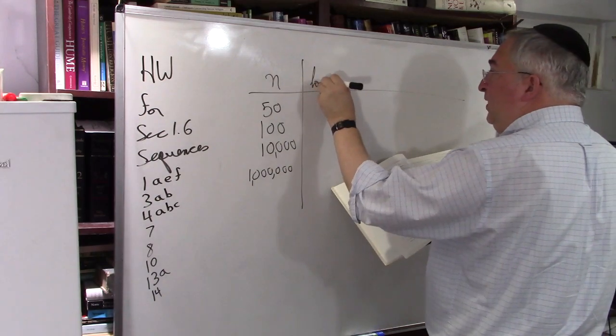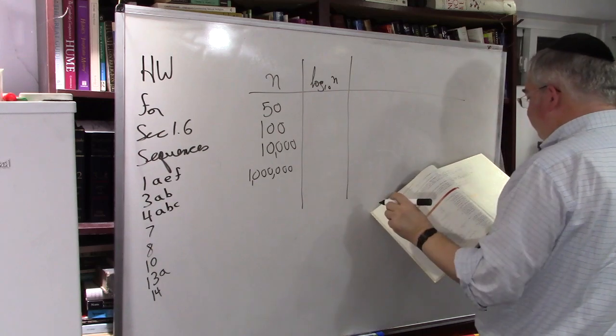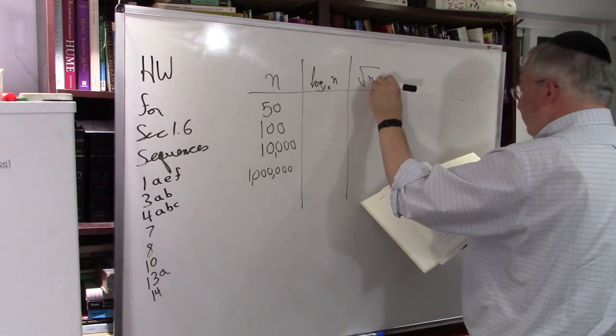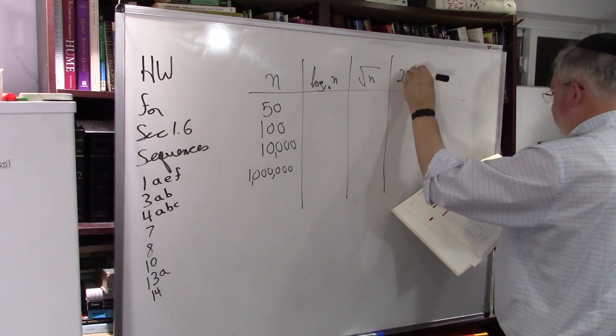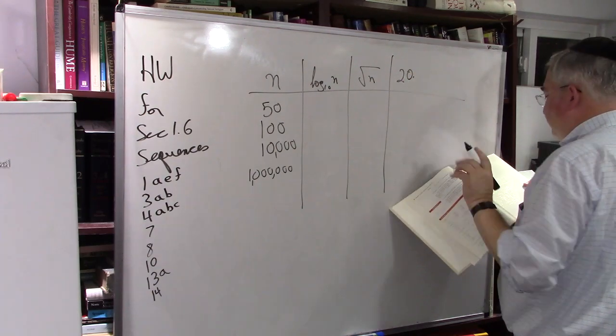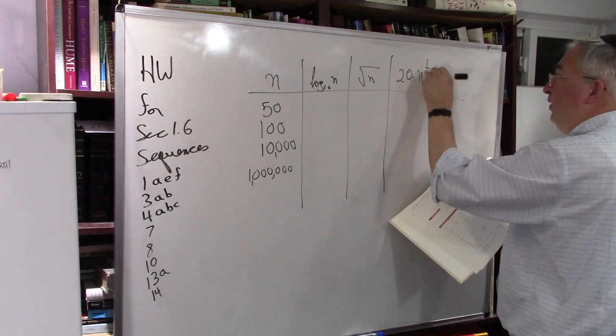This is log base 10 of n. Your calculator might only have log base e. Square root of n, 20 times, instead of writing n to the 4th root, I'm going to write n to the 1 over 4.